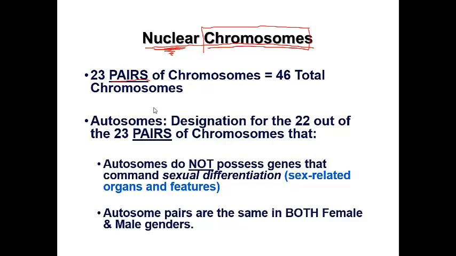Okay. Now you might be wondering why I mentioned genes commanding something, and some of you might have said, well, Matt, you just told me that genes are responsible for making a certain protein product. But keep in mind that eventually that protein product is going to go and do something in the cell.